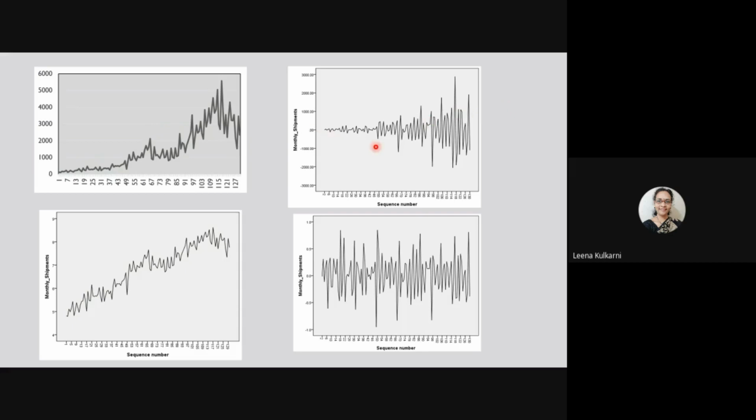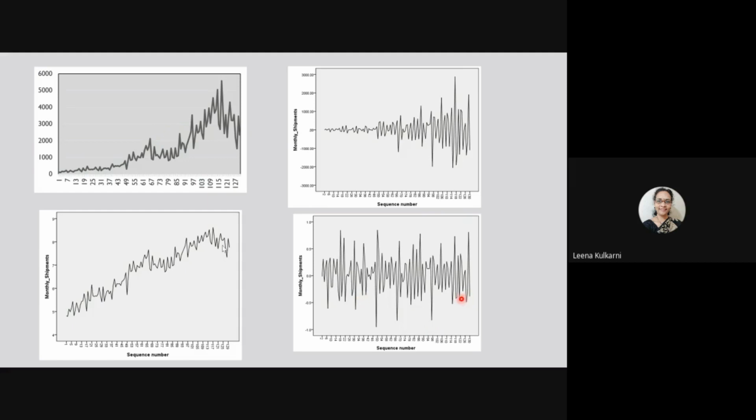In the third data set, again, the fluctuations are around 0, but the magnitude of the fluctuations is different. In the last graph, you can see the fluctuations are around zero, as well as the magnitude of fluctuations is the same all through the time points.